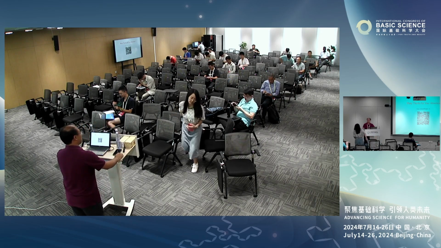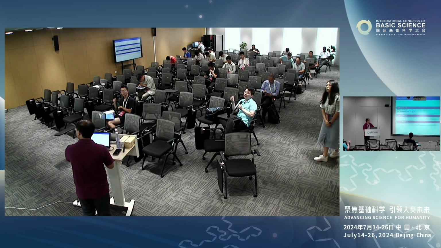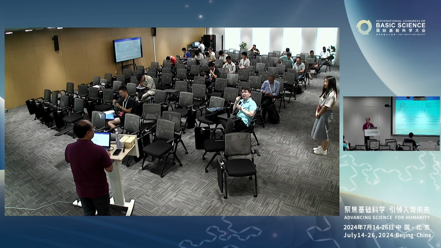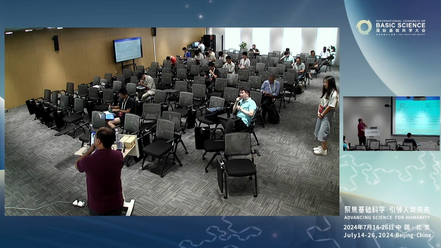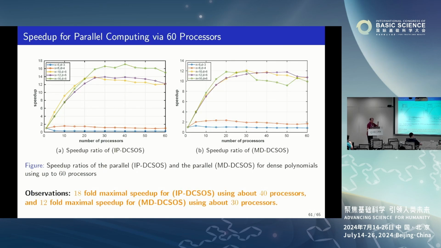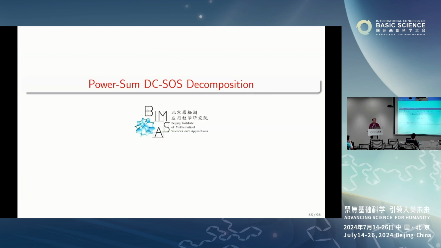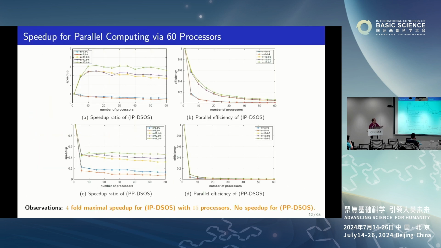When you say some of the decompositions can be sped up by parallel computing, some are not. What's the reason why some of them cannot be sped up? That's a very good question. For example, in the DC-SOS decomposition, we can see all cases can be sped up. But in D-SOS, there is one case, the PP D-SOS, that cannot be sped up.